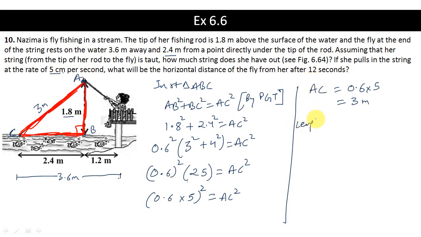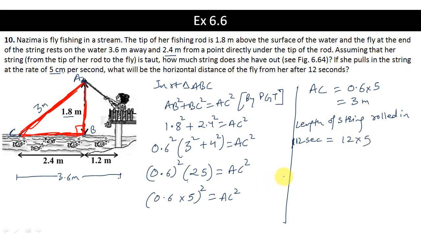the length of string rolled in 12 seconds. In 12 seconds, this will be 12 multiplied by 5 because she was rolling 5 centimeter in 1 second.